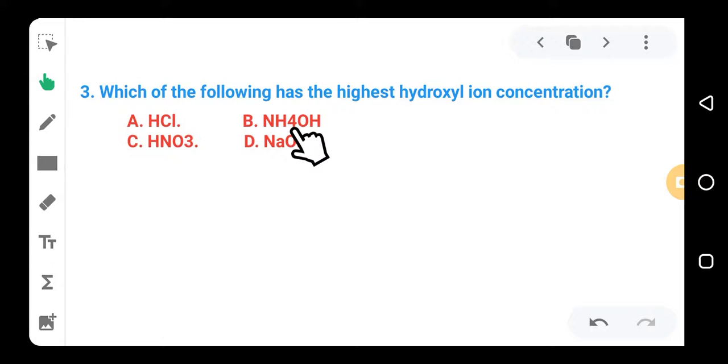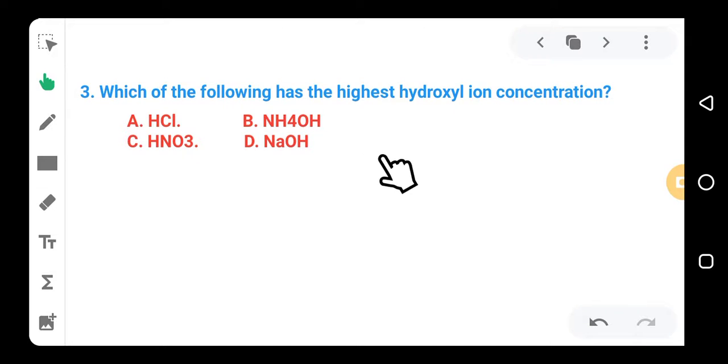A weak base is a base that does not ionize completely. And if the base does not ionize completely, it means that some of its hydroxyl ion will not be released when it ionizes.